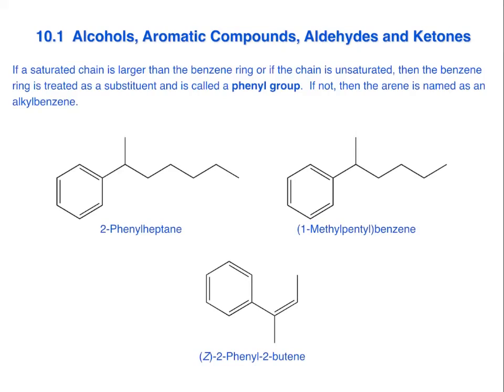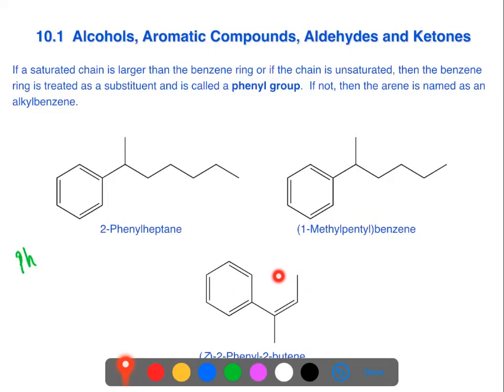We would refer to this as butene being the parent, and the phenyl ring would be a substituent. So in this instance, we have a 2-phenyl-2-butene, and we must include the stereodescriptor Z to indicate these two groups are on the same side. These are the highest priority groups. These would be on the same side of that double bond.